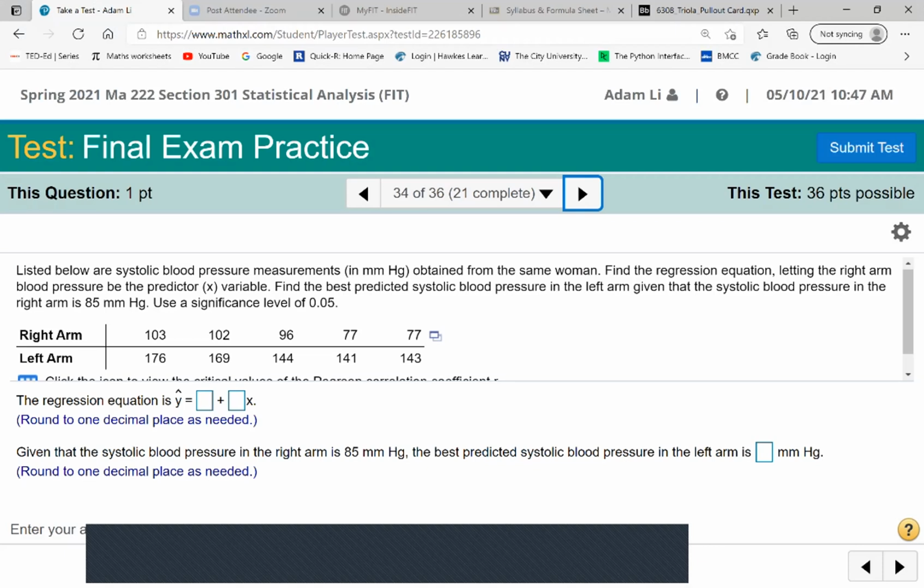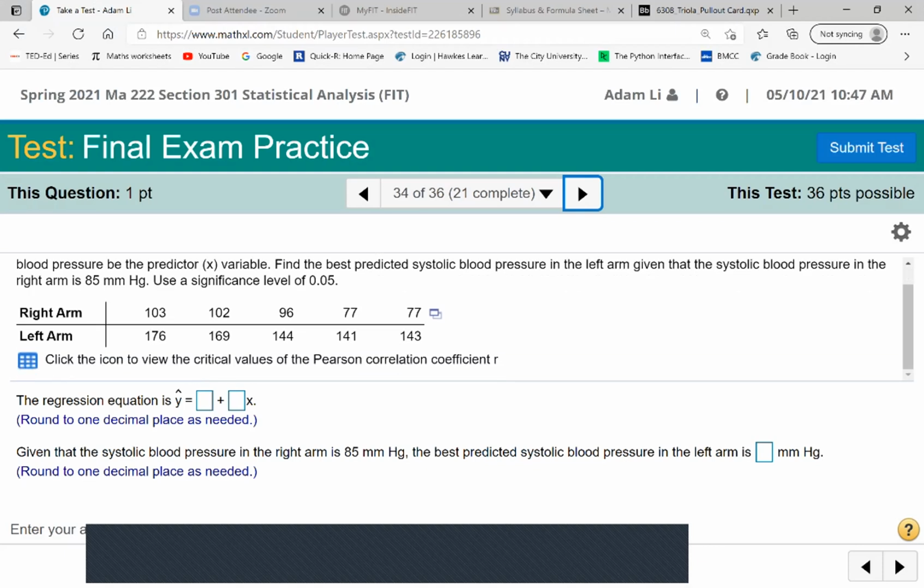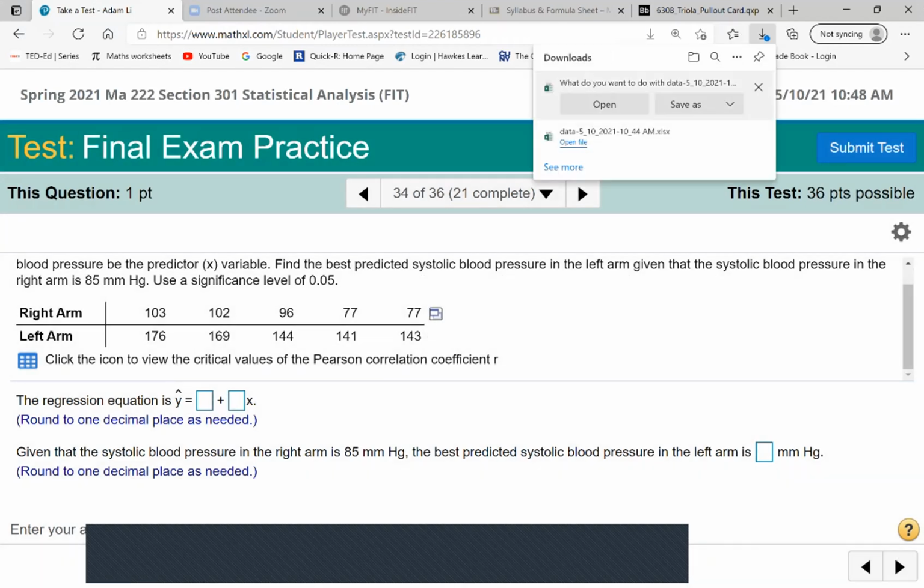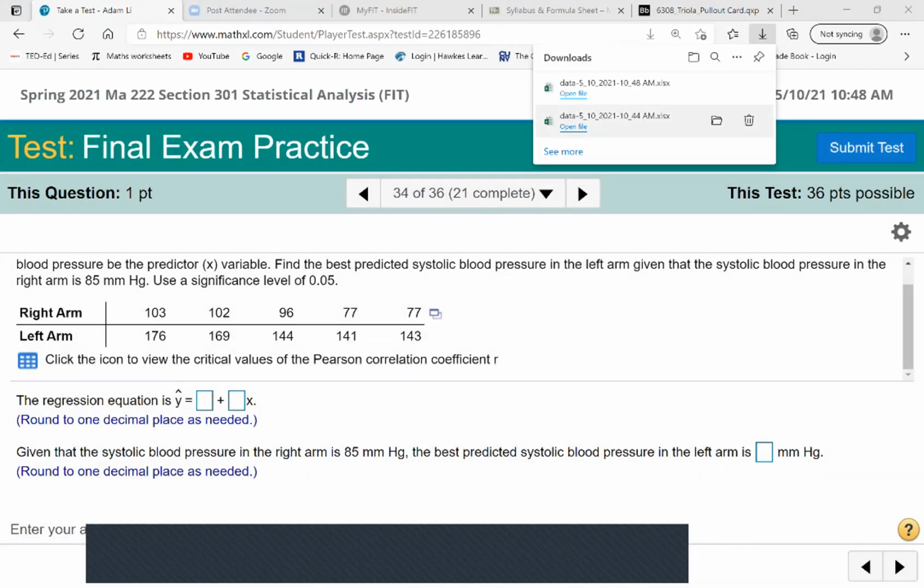Okay, and this one I'm going to do a little bit quickly. So let's copy to Excel really quickly. Share the screen with you.